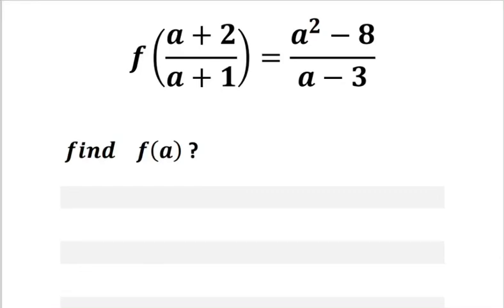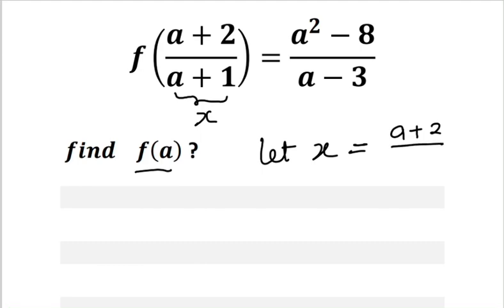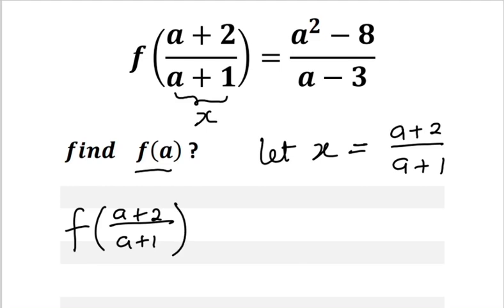Hello friends, so to find our f of a, the first thing we're going to do is to substitute x for this entire term. So let an arbitrary x be equal to a plus 2 over a plus 1, which simply implies that this initial function, a plus 2 over a plus 1, is simply our f of x.